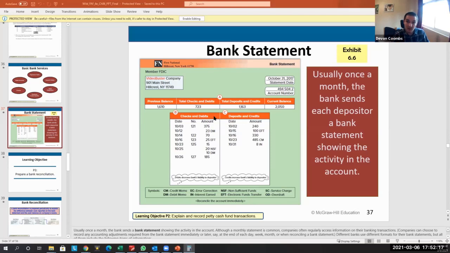Remember, the debits from a bank are the bank's debits, so they're our credits. Their debits mean that it's reduced our amounts. And our deposits are credits to them. They owe us that money. That's where bank statements get confusing, and that's where everyone gets confused with debits and credits. But the whole idea here is we want to make sure that our current balance is actually the true amount, which is why we'll do a bank reconciliation.